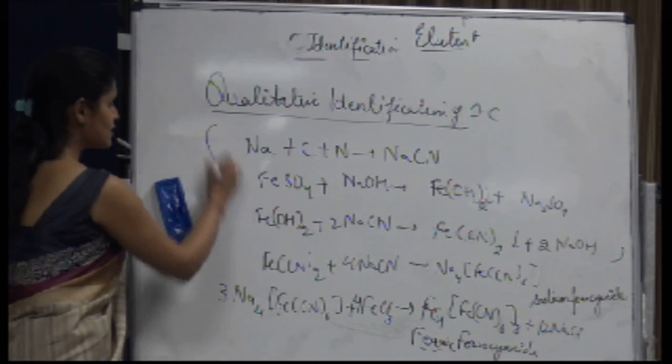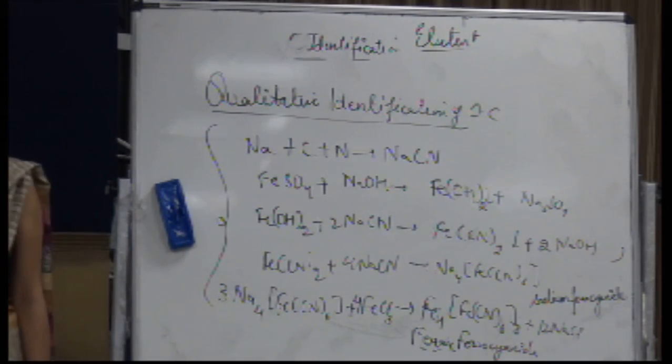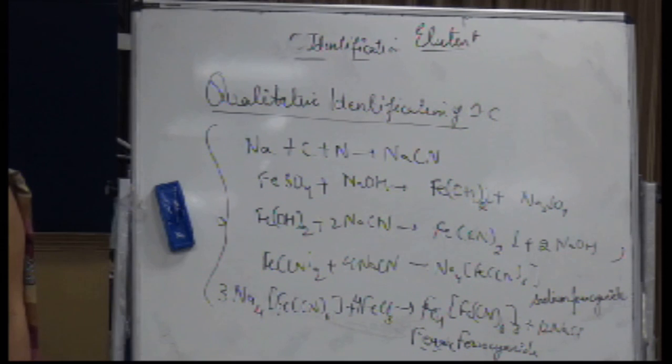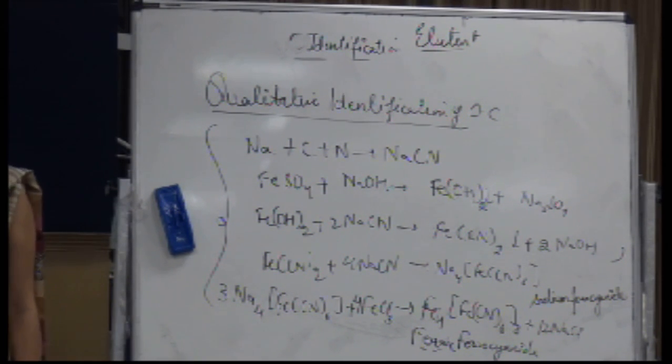So the test looks simpler: you take a Lassaigne's extract, then add freshly prepared ferrous sulfate solution, concentrated HCl, then ferric chloride.